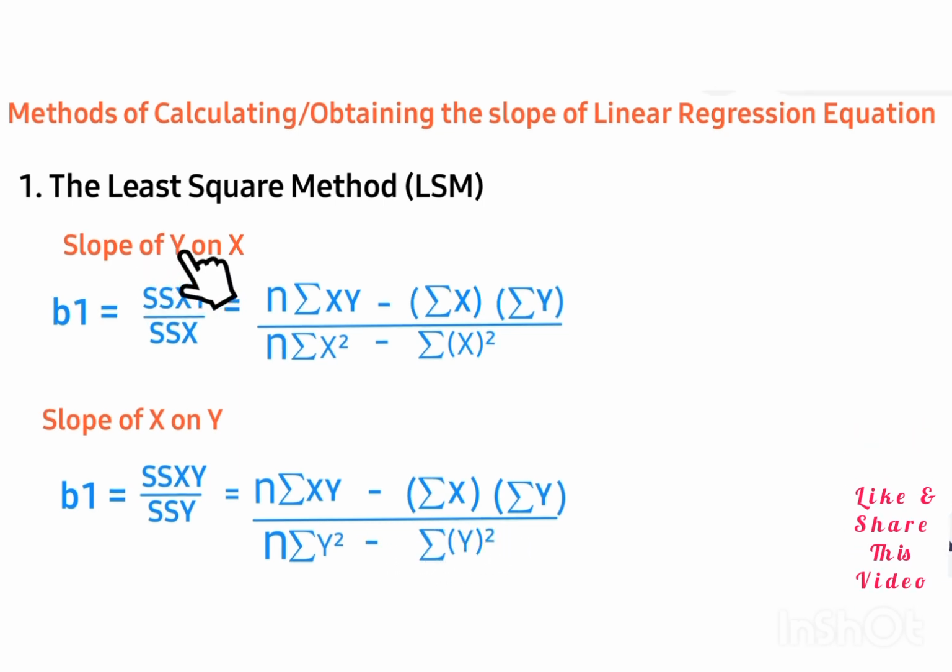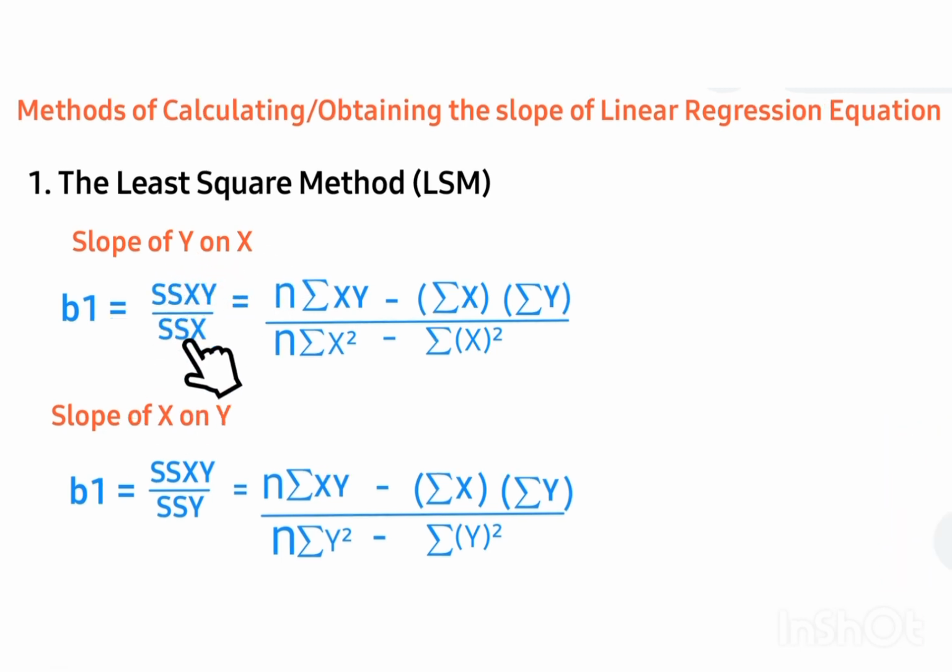Please note the difference. The difference between the slope of y on x is in the sum of squares x, while that of the slope of x on y is in sum of squares y.